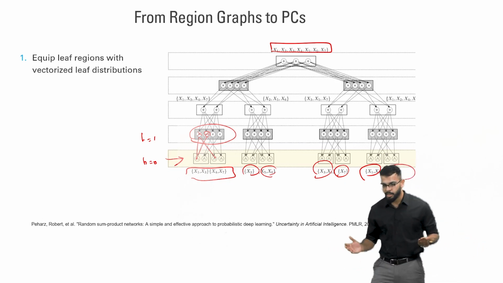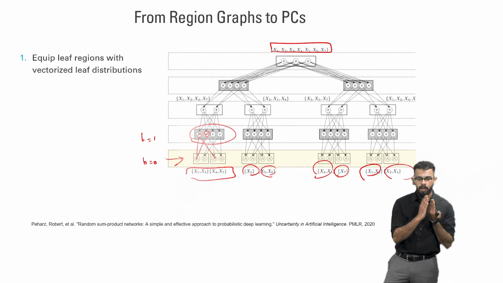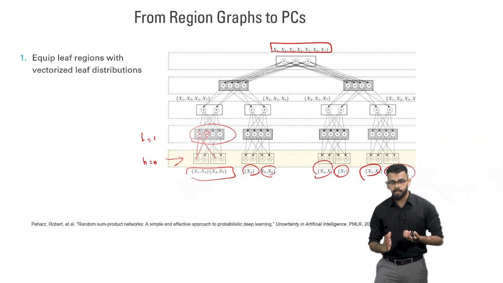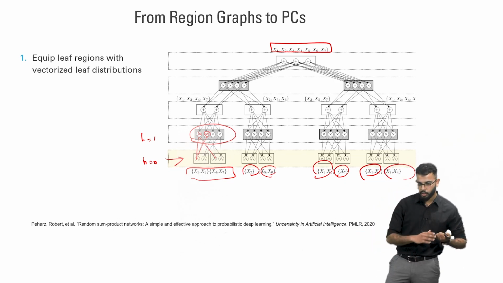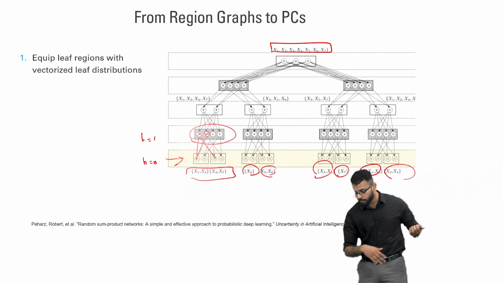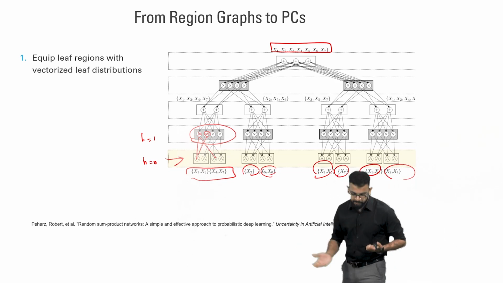But the whole point is it's okay if you have one such structure, but if you keep adding a lot of such random structures, the expectation is that it counters that reduction. When you have a sufficiently large ensemble of such random structures, it becomes expressive enough. That's the whole point.